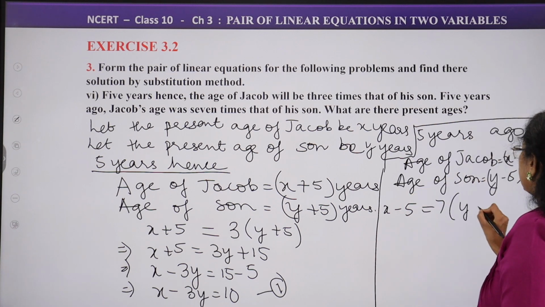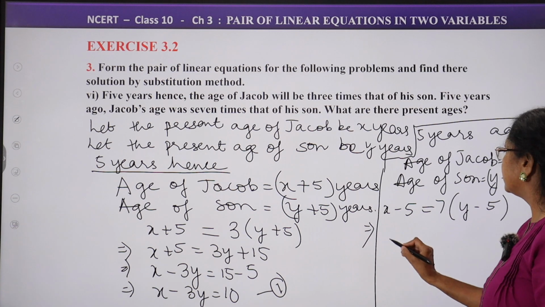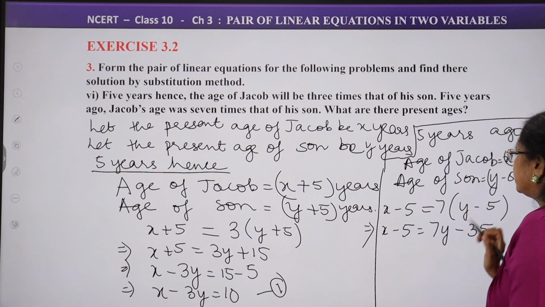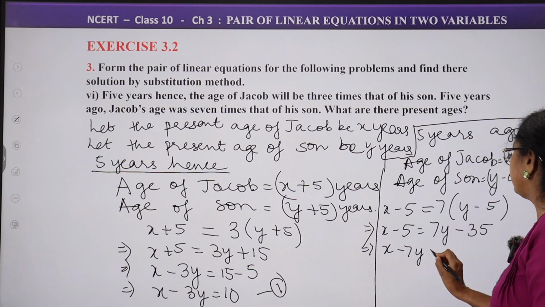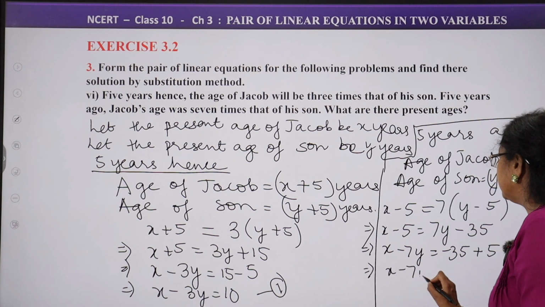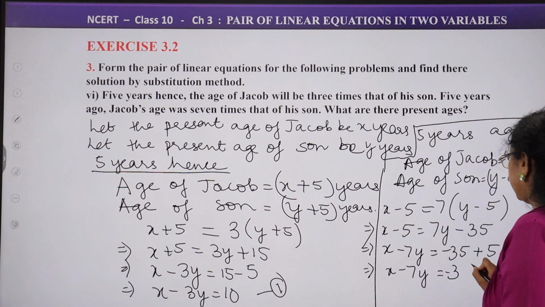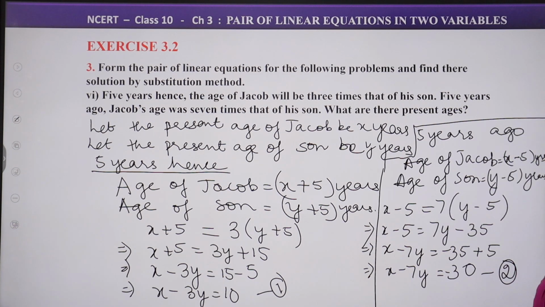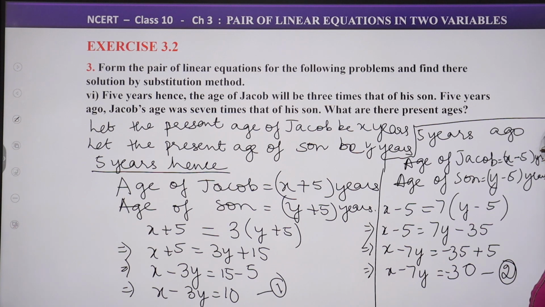Son. Son is y minus 5. Understood? All right. This implies x minus 5 is equal to 7y minus 35. I removed the bracket. This implies x minus 7y is minus 35 plus 5, which implies x minus 7y is equal to minus 35 plus 5, minus 30. So we got the second equation. All right. First thing over, forming the pair of linear equations.